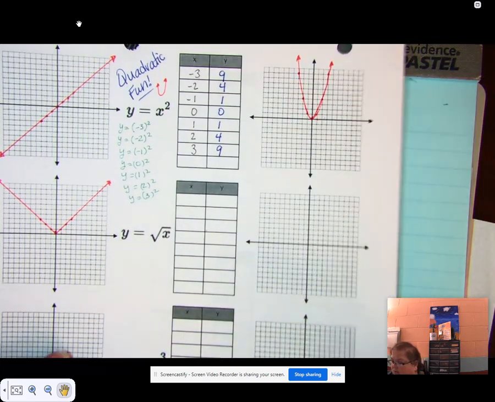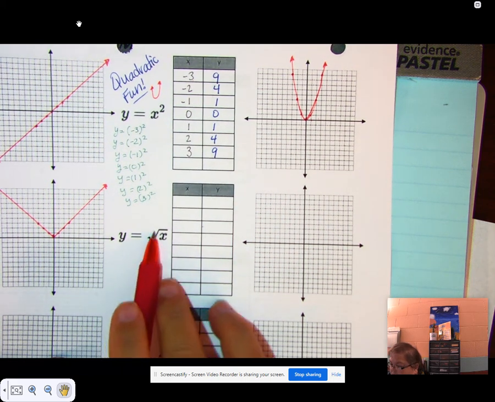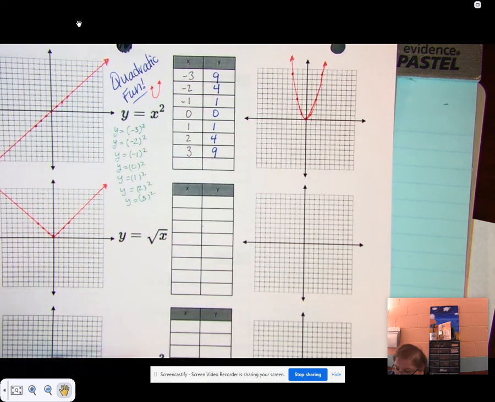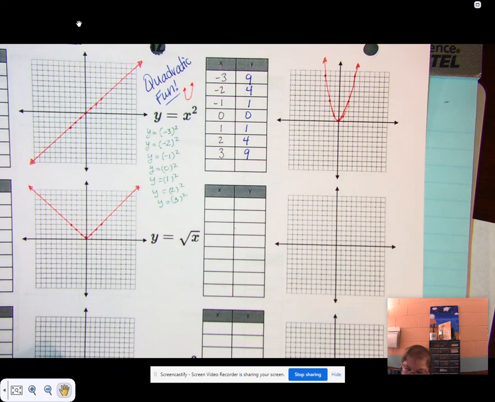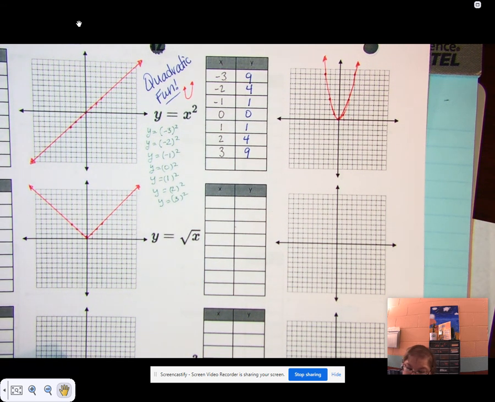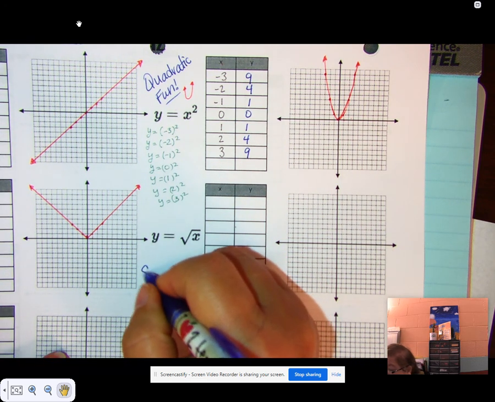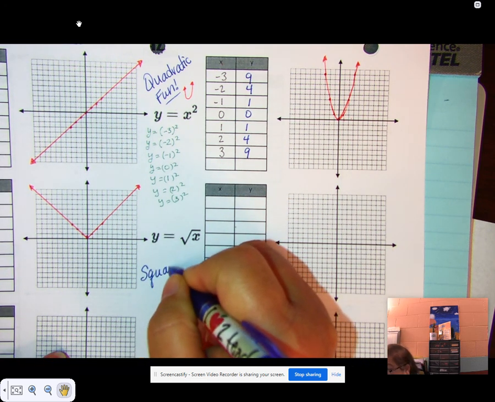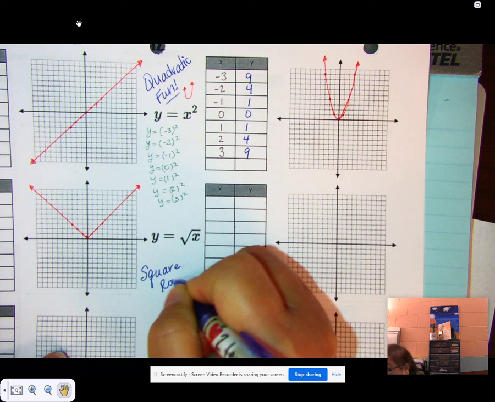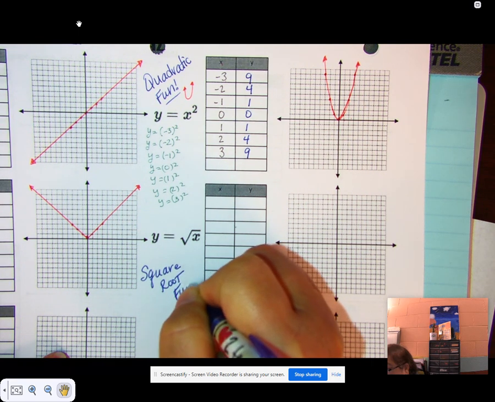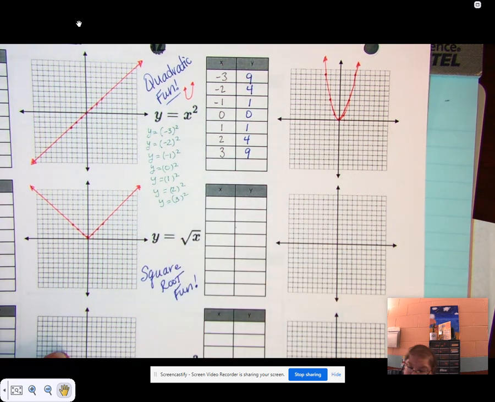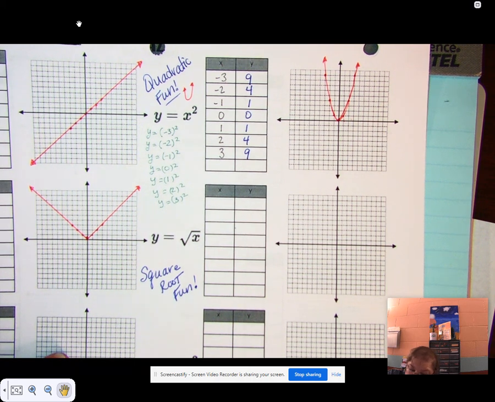Let's go to our next one, which is y equals square root of x. Now the square root button. So guess what this one is called? Excitingly enough, that's right, square root fun. Because of the square root symbol, which is second.